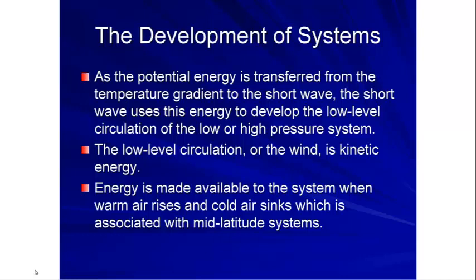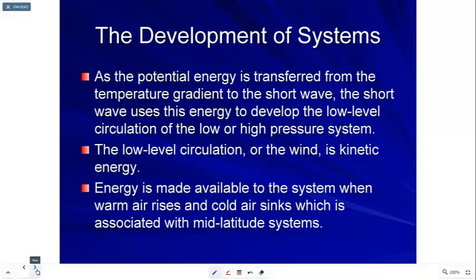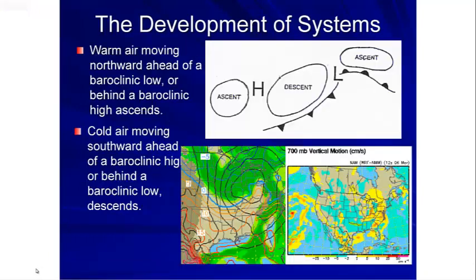The low-level circulation, or the wind, is kinetic energy, energy of motion. Energy is made available to the system when warm air rises and cold air sinks, which is associated with mid-latitude systems. And rising and sinking air is also kinetic energy.